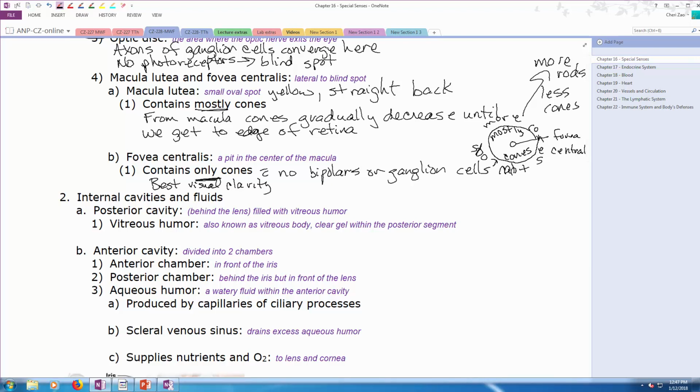Now, what defines the end of the retina? Because is the retina completely filling up the entire inner aspect of the globe? No. So where does it end? Ora serrata, excellent. The beginning of the ciliary body also marks the end of the retina itself.